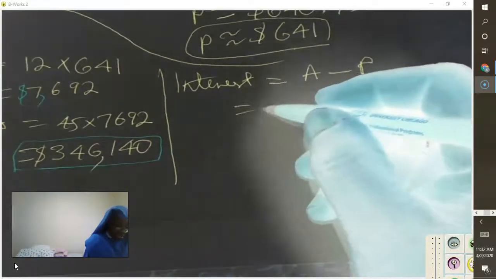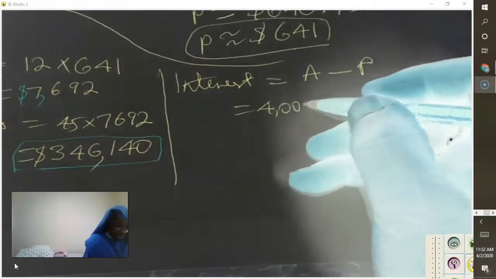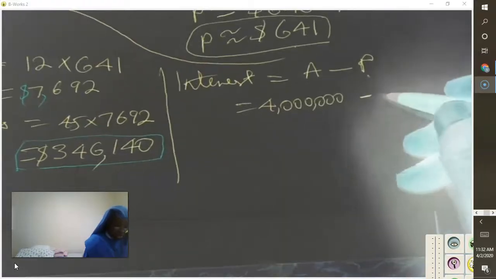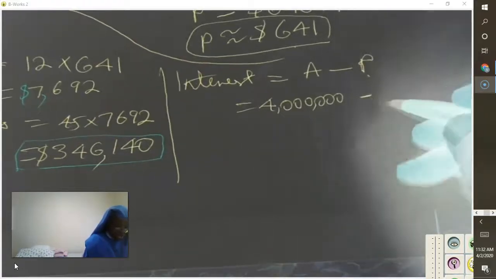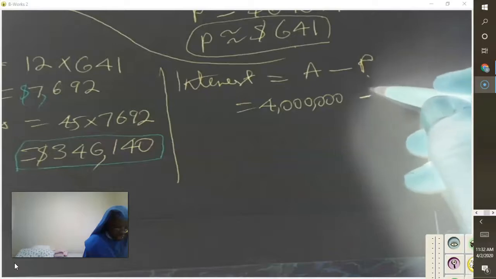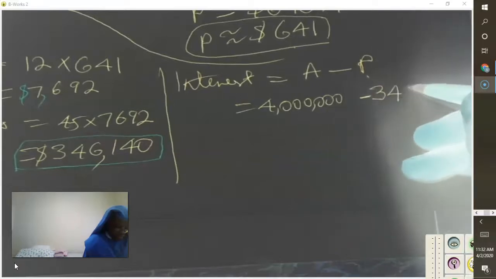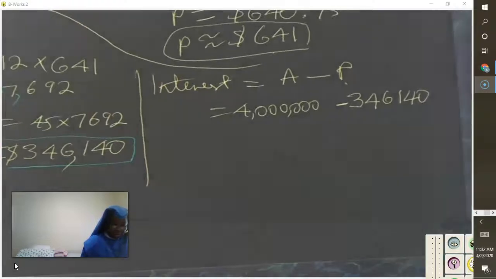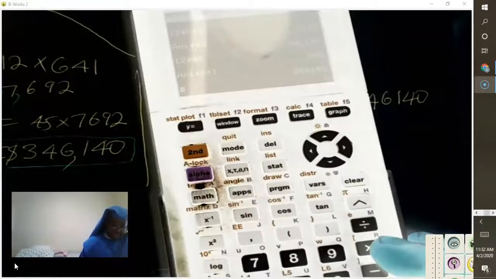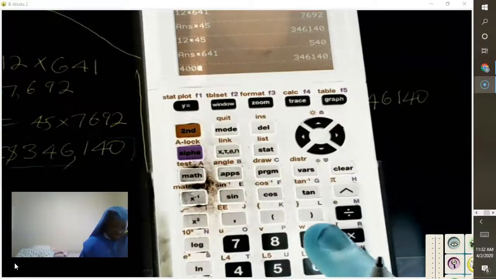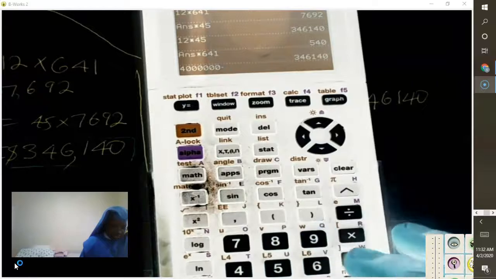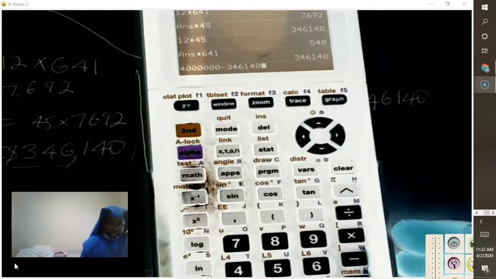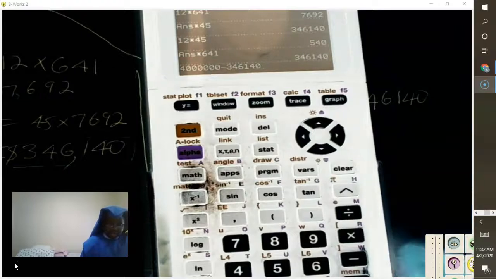So the final amount is 4 million, minus the principal, which is the total money you invested, 346,140. Since we already have it in our calculator, we can just type in 4 million minus, select it using our arrow, and hit enter again.